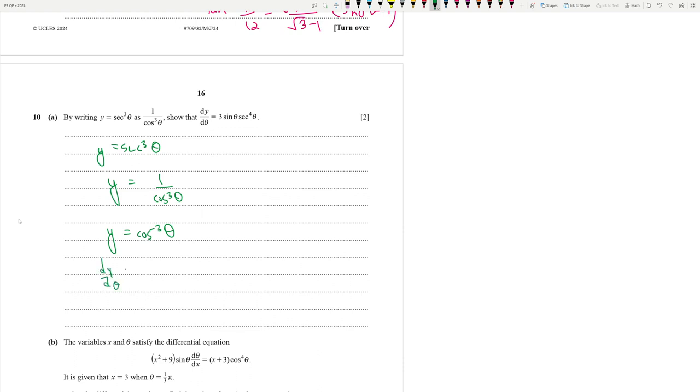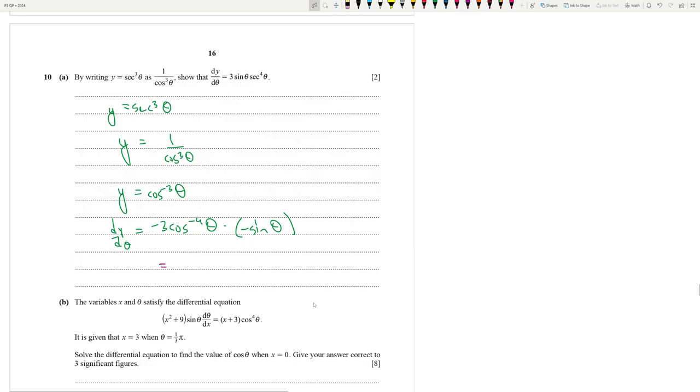So dy by d theta equals to minus 3 cos minus 4 theta, and cos theta, the differentiation is minus sin theta. Sorry, this turns into plus times sin theta, or it's basically 3 sin theta by cos to the power 4 theta, which can be written as 3 sin theta sec to the power 4 theta, shown.